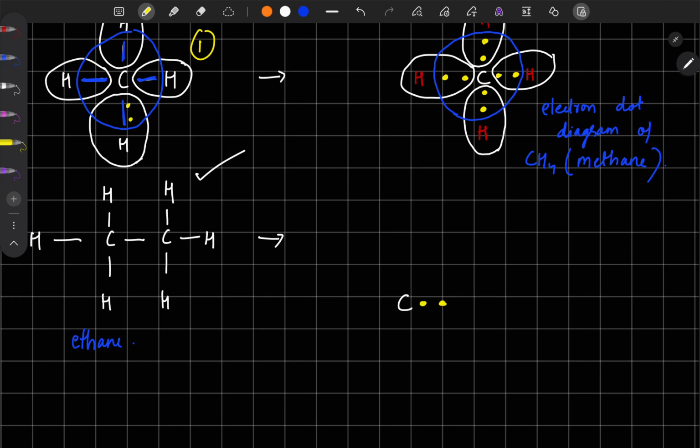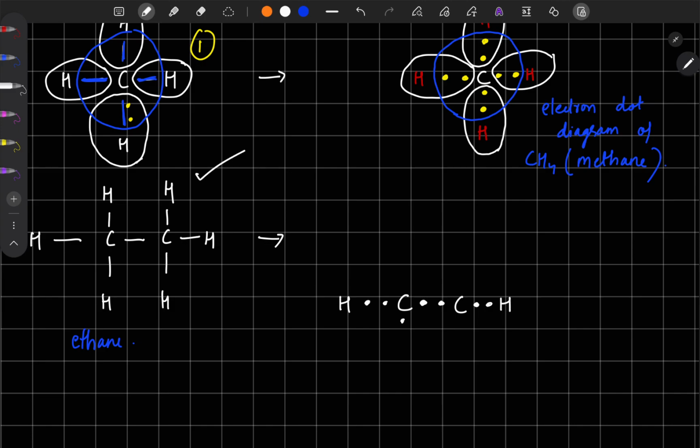One center bond means it is sharing two electrons between the carbon atoms. I'll draw with one color. Two electrons here, then again two electrons here. If it is a double bond, then we have to draw four electrons. We will do one such example.